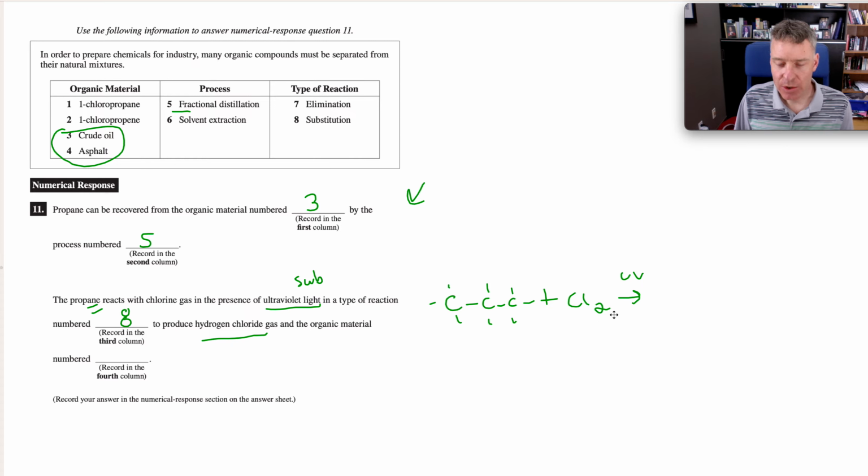Substitution is only going to add 1 chlorine, either in the first position or the second position. So 1-chloro or 2-chloro are the 2 possible answers. When we look up at our possibilities, 1 and 2 are the only compounds we can see. But option 2 is an ene, and you do not make enes from substitution. So this isn't the only answer, but it's the only one we're given. That's our only possibility.